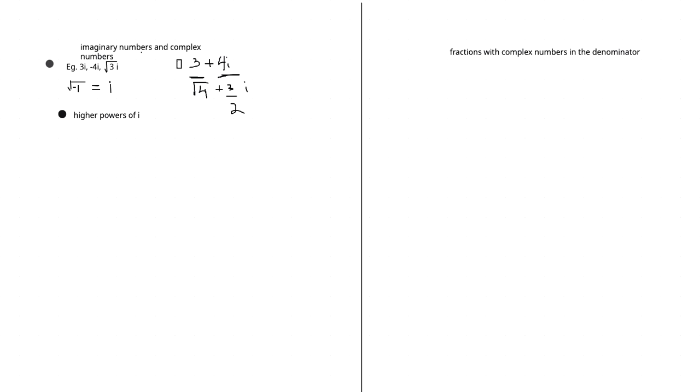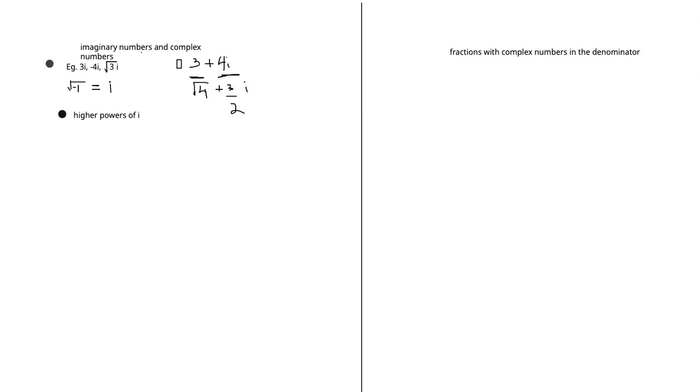Now, the imaginary number comes as a result of the fact that we cannot find the square root of a negative number. The square root of any negative number wouldn't give you any real number. So it gives rise to what we call an imaginary number, or the i.